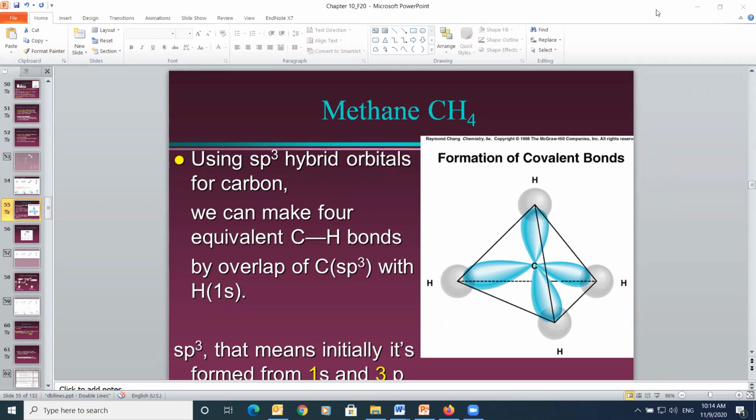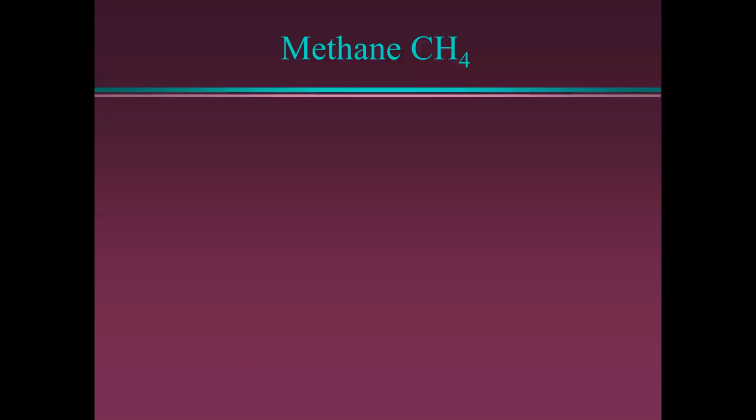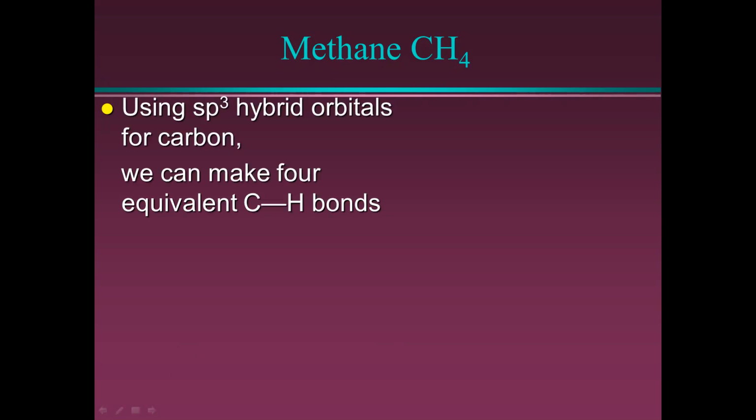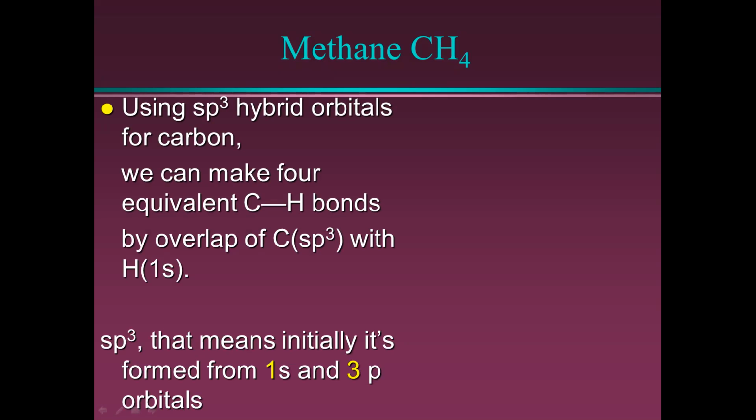Okay, hello everyone. So in the last class, we learned the sp3 hybrid orbitals for carbon. This hybridization allows the carbon to form 4 covalent bonds with hydrogen.